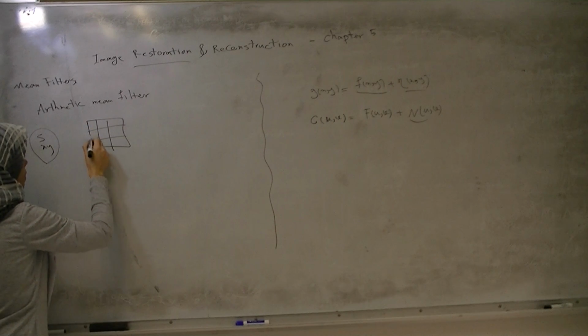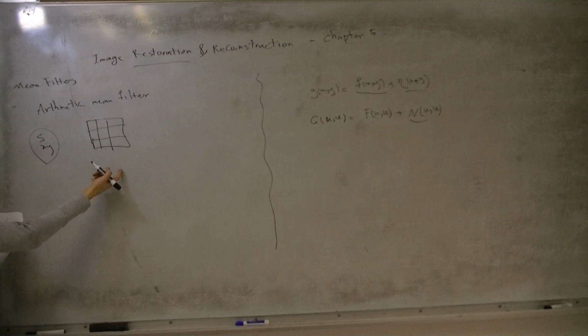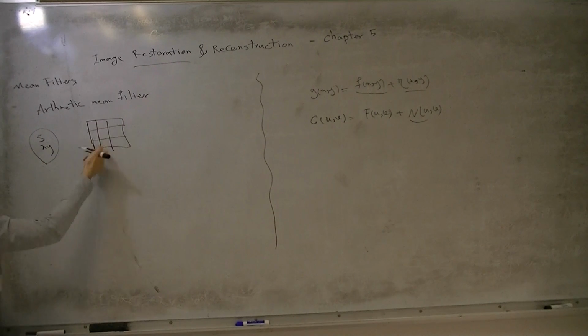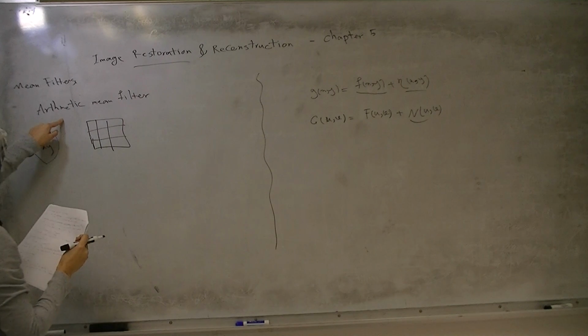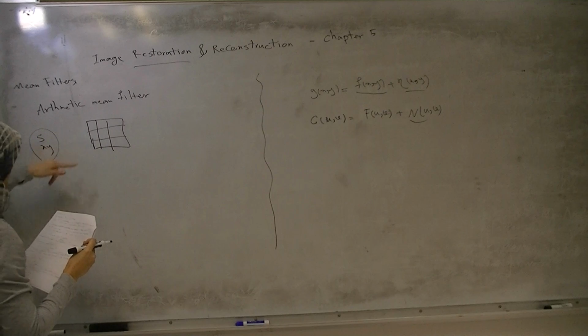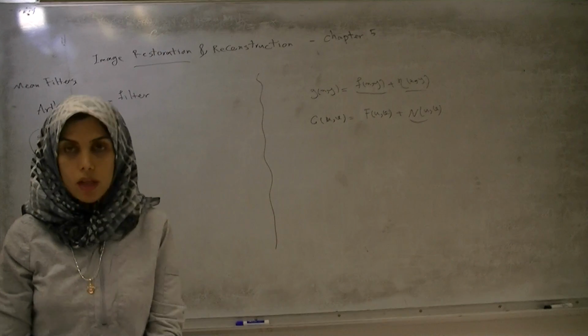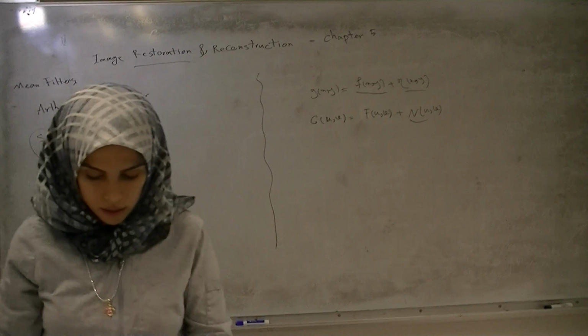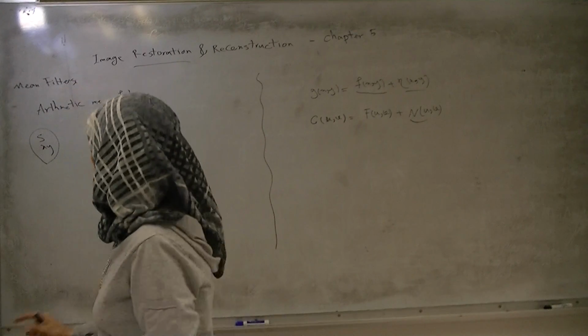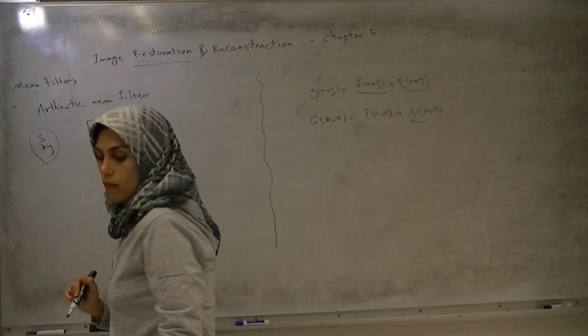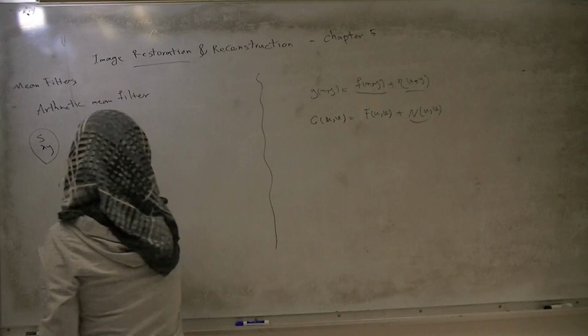This is denoted as S_xy, and the x and y are the coordinates of this sub-image. For the arithmetic mean filter, we just find the average value of the corresponding image in the S_xy and put it in the center of that S_xy.